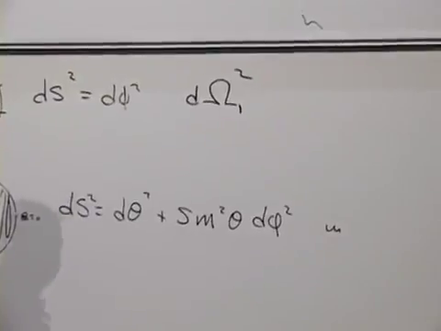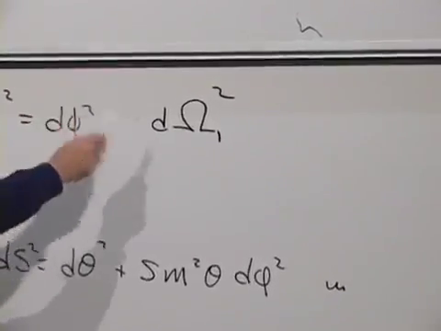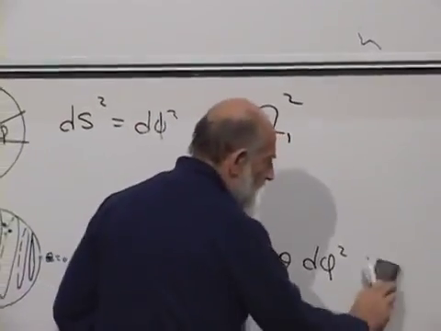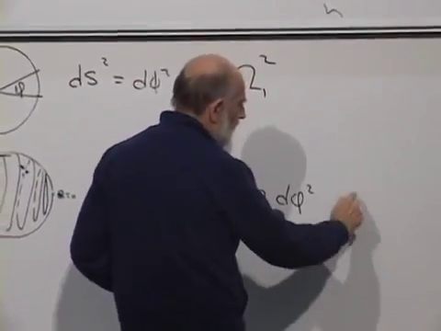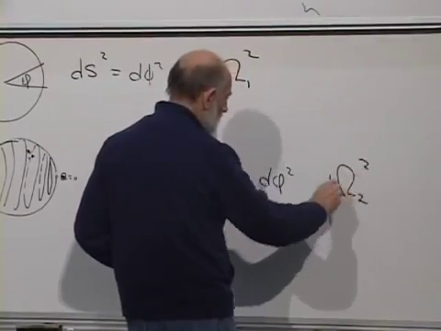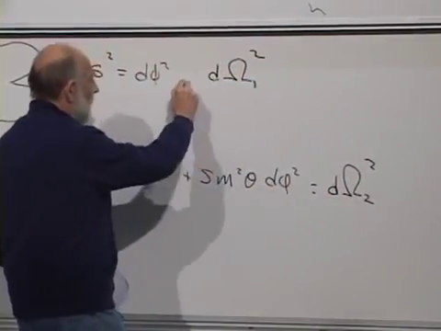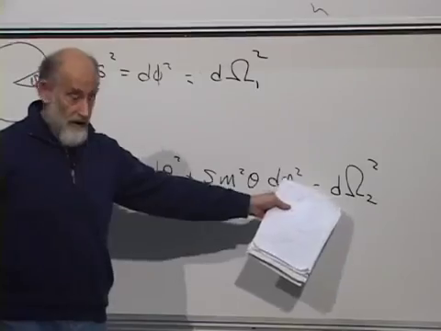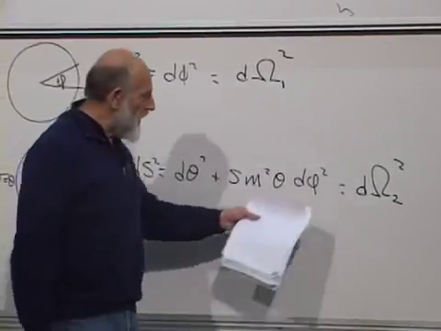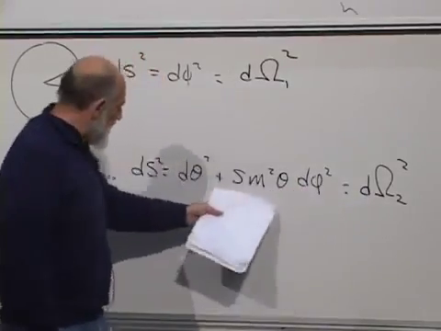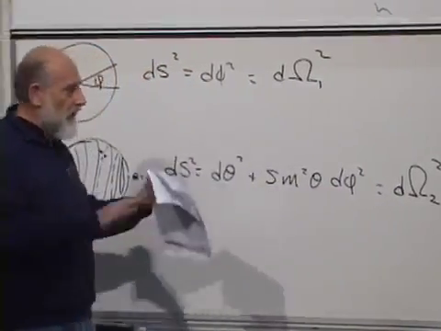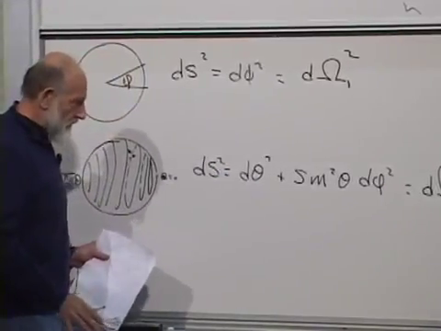That's the notation that one usually writes for the metric of a unit one sphere. In the same notation, this would become d omega 2 squared. That's the definition of this symbol. Omega 2 is really a whole sphere, and this is simply a symbol that stands for what's here. It represents the metric of a unit two-sphere.